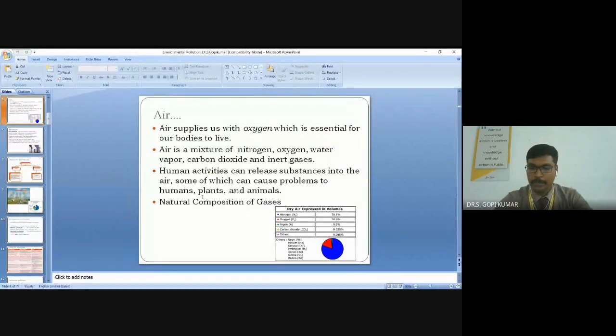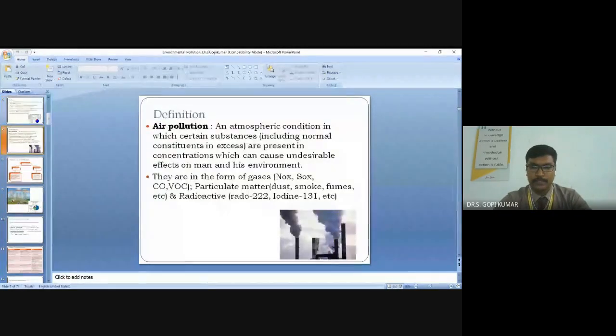As for the definition of air pollution, it may be represented as the presence of dust, smoke, fumes, and radioactive elements in the form of gases in the atmosphere.